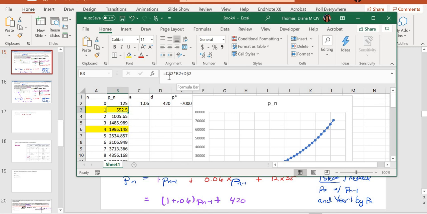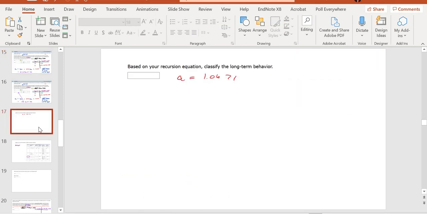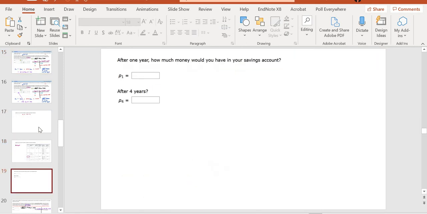B2 is my P0, this is my A, and this is my D. Scroll it down, and I highlight 1 and 4. I peel those things out and put them into this section that asks for P1 and P4, which I didn't fill in. You'll have different numbers for yourself.